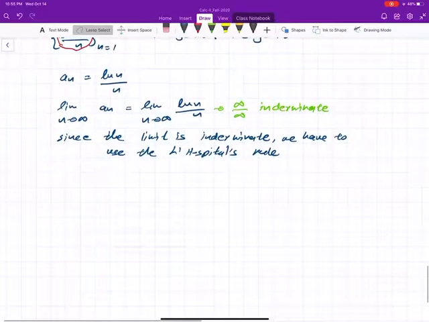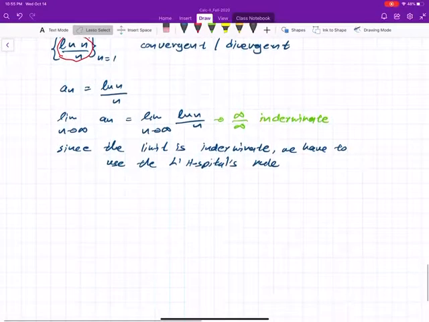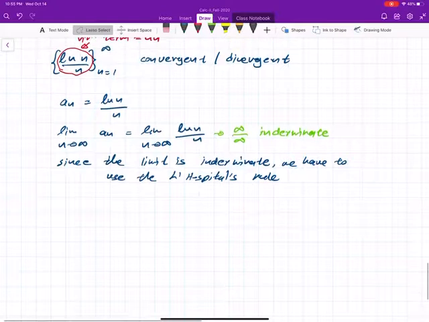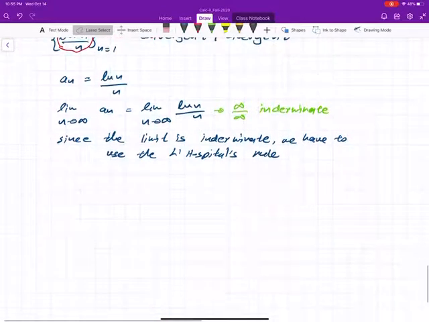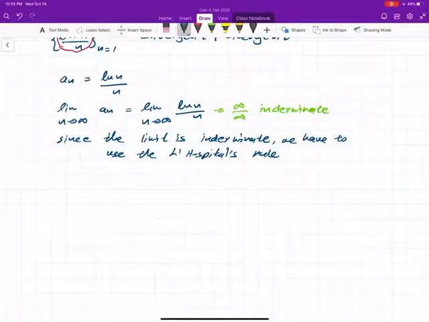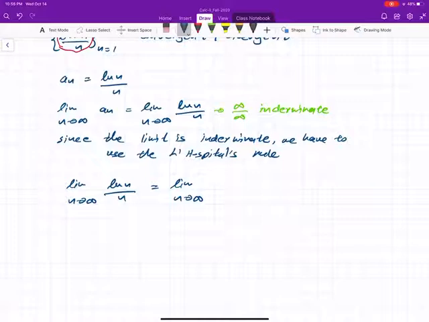Alright, so now I'm going to use L'Hopital's rule. For that, I just get the derivative of the numerator and denominator. So what I write is: the limit as n goes to infinity of ln n over n equals the limit as n goes to infinity of the derivative of the numerator and denominator.